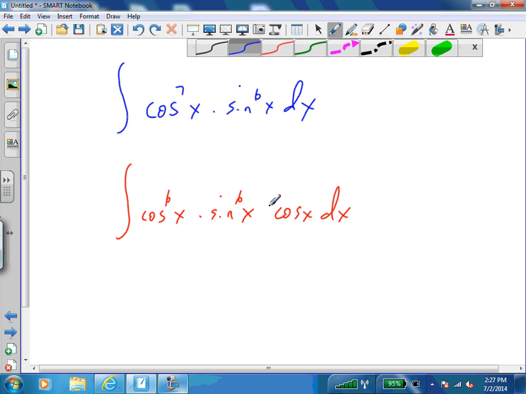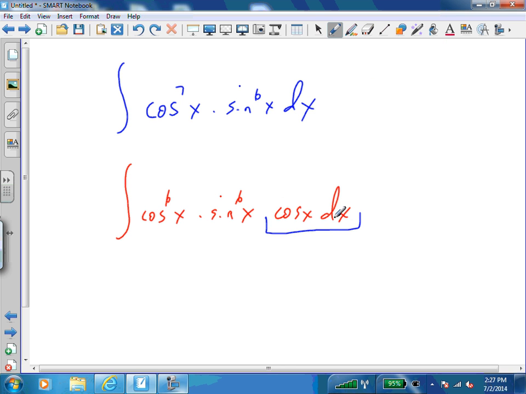So that cosine that we save, that's going to be part of our du. So we're going to change everything into sines. Notice if u is sine, what is du? Cosine x dx. So that one cosine, we're going to leave it as part of our du.